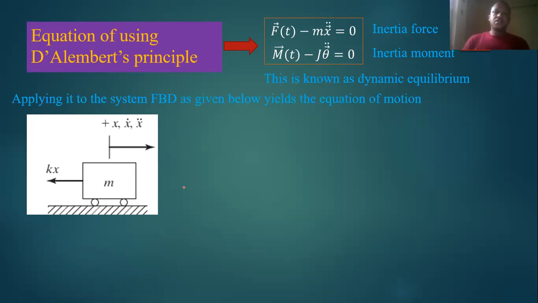This is known as the dynamic equilibrium equation. Applying it to the system free body diagram, m x double dot is equal to minus kx, so that gives the same m x double dot plus kx is equal to 0.